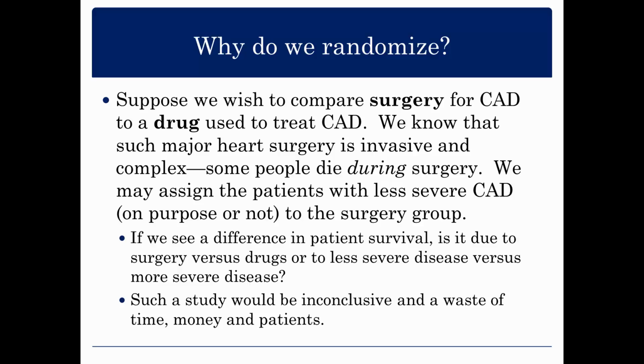So the question here is, if we have two groups, one with the surgery, one with the drug, where the two groups are also different in terms of their disease severity, when we see a difference in their survival at the end of the study, is that difference due to the surgery versus the drug, or is the difference due to their disease status, less severe disease versus more severe disease?